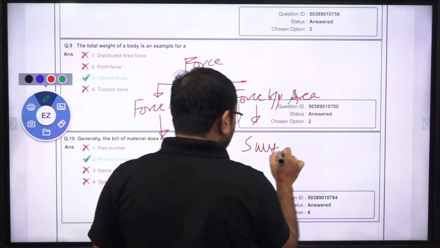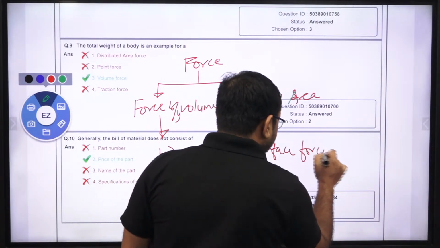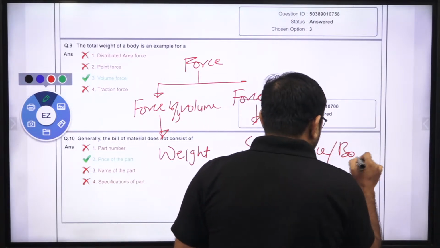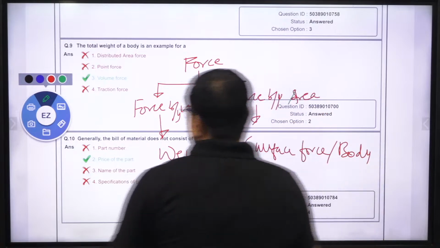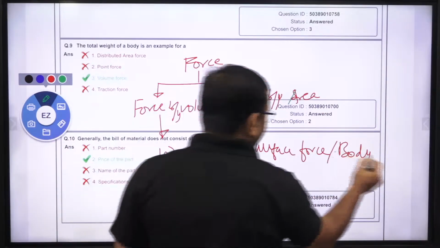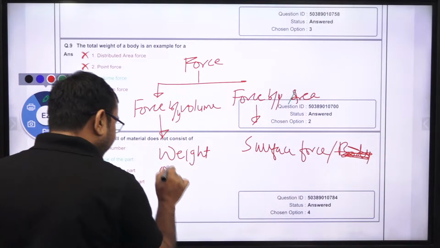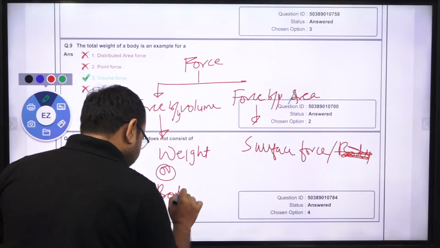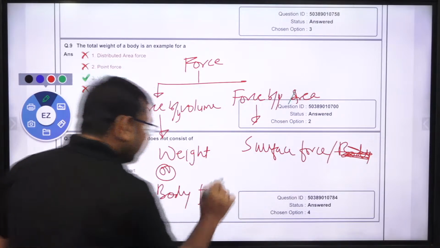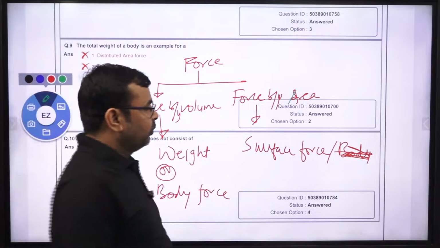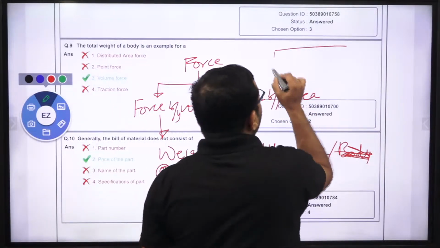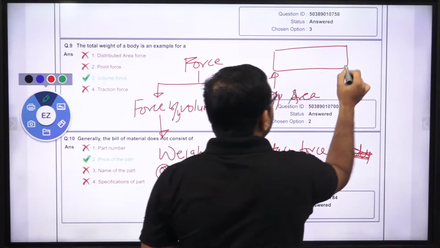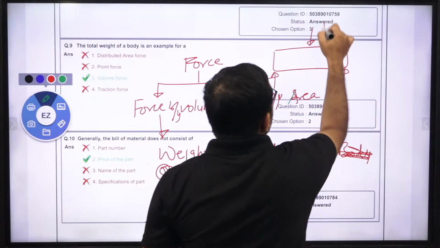Sorry, this one is called surface forces, and force by volume is called body forces. Is it clear? How? Suppose you have a beam like this, and these are the supports, and one force is acting externally.